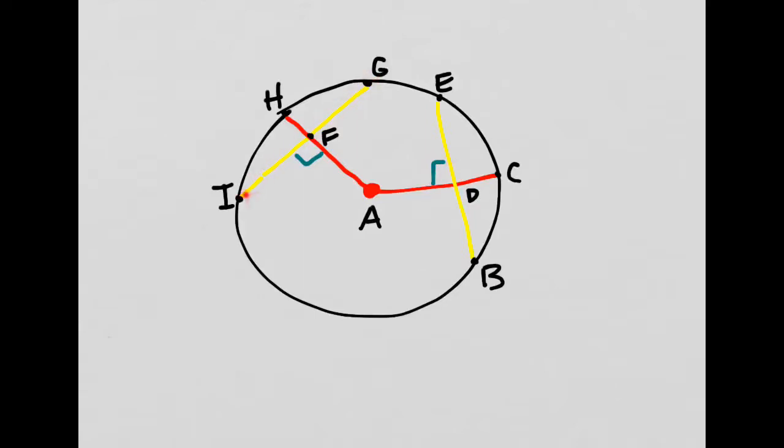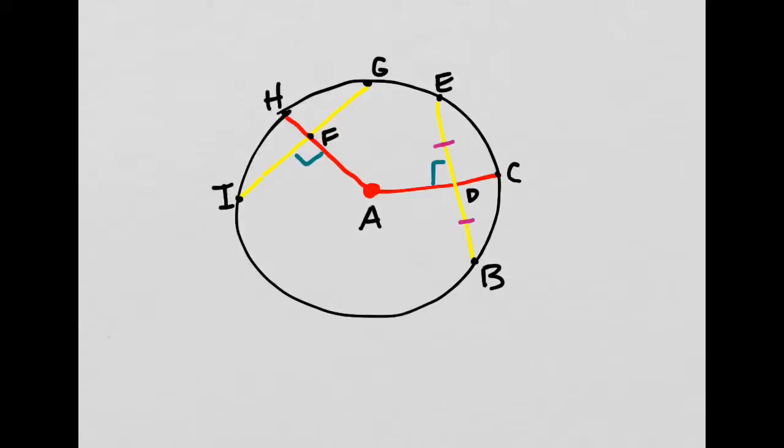If I know that IG is equal to EB, then I can say, well, let me back up again. I think I'm doing two things at once. If I know that this is a right angle, then I know that this is bisected. Let's cover that first.